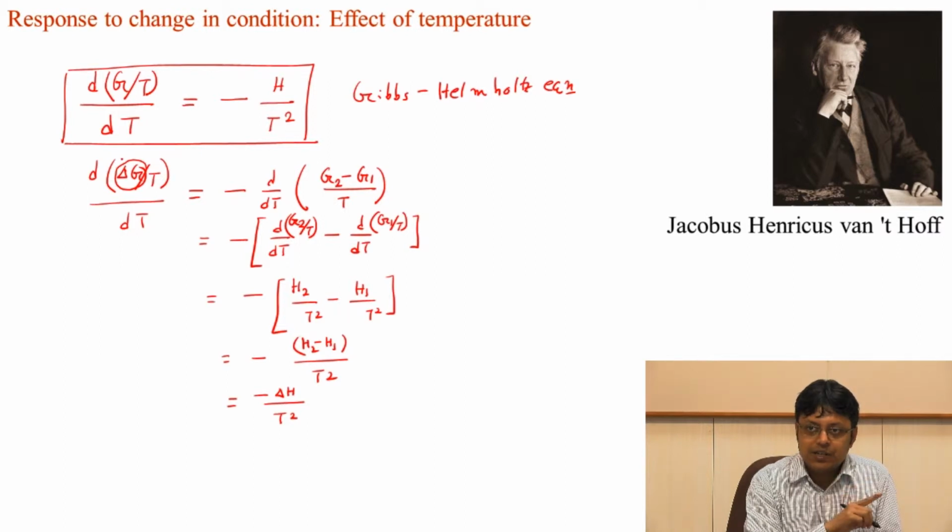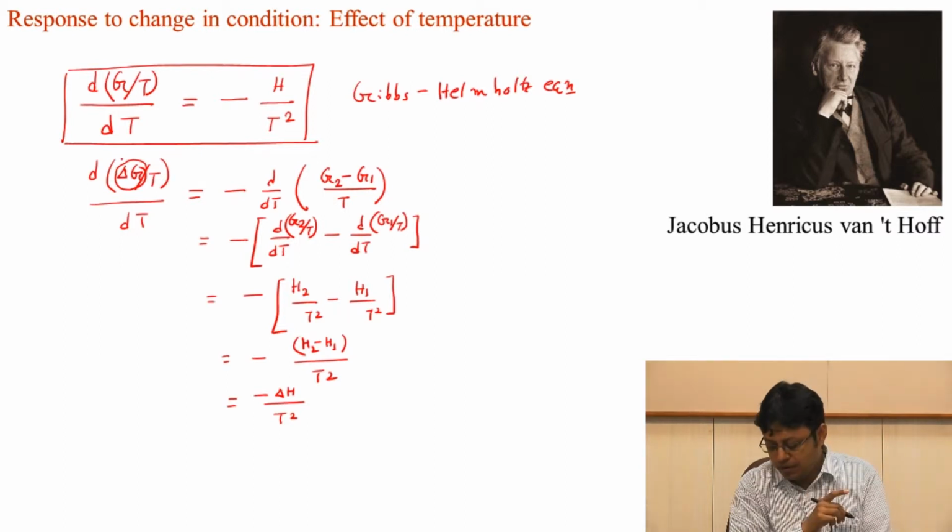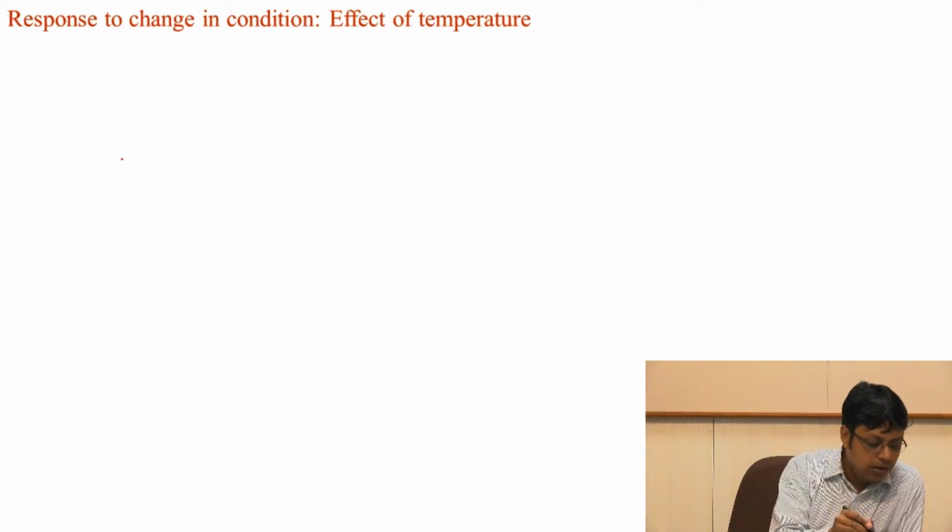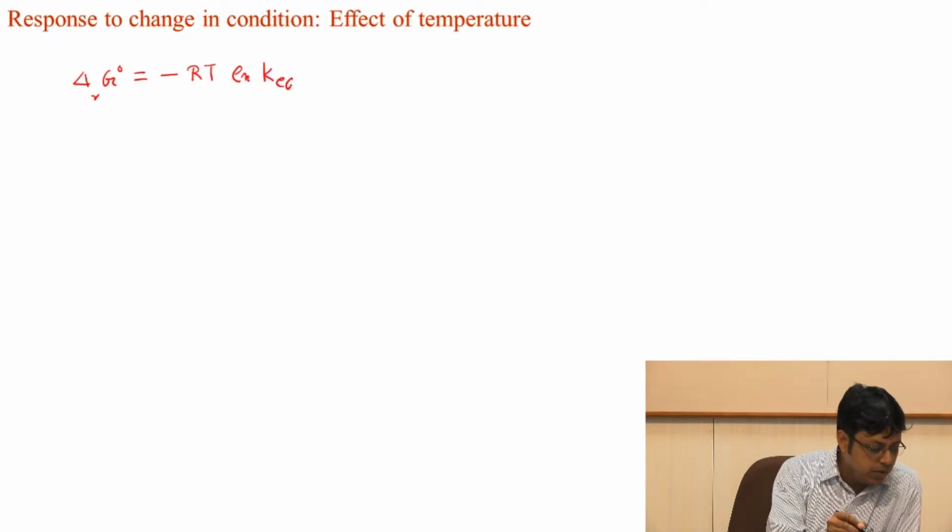We connect it to the definition of the equilibrium constant, and you already know that delta G0 is minus RT ln K equilibrium. So we can write that ln K equilibrium is nothing but minus delta G reaction free energy in the standard state divided by RT.